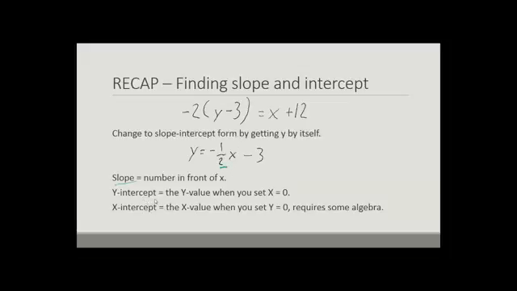The y-intercept is the y value you get when you set x equal to 0. And the x-intercept is the x value you get when you set y equal to 0. The slope and the y-intercept are pretty straightforward, but the x-intercept can require a little bit of algebra.